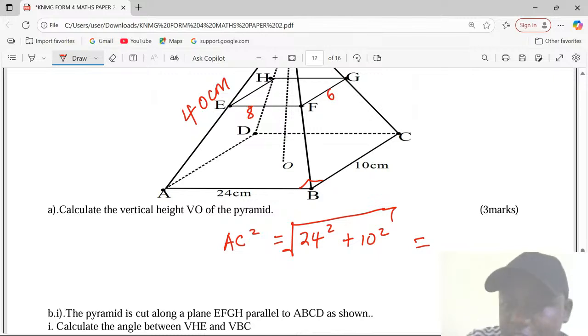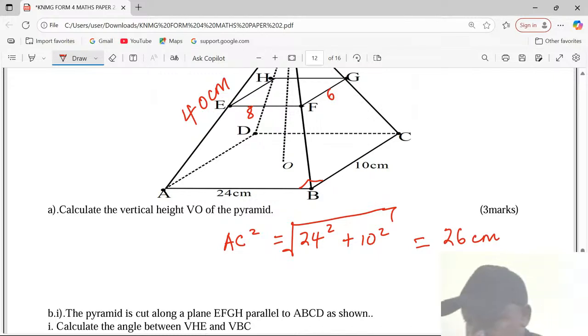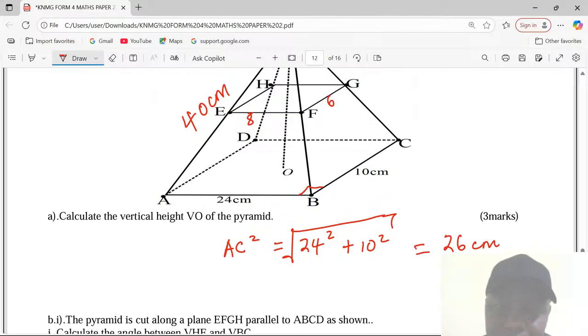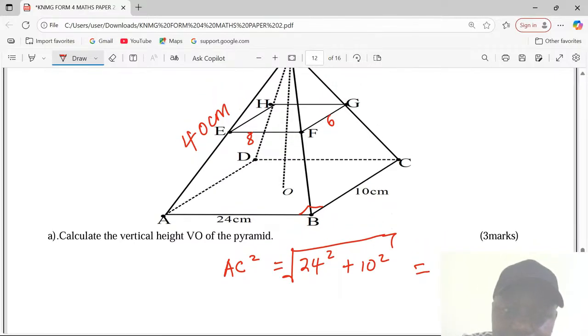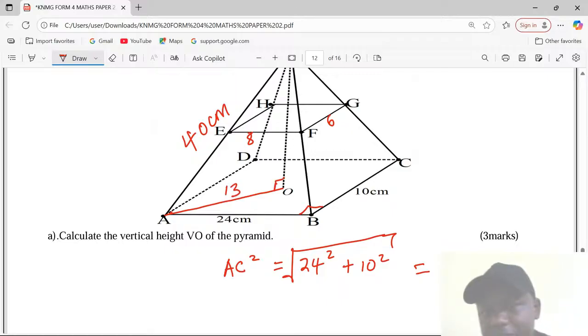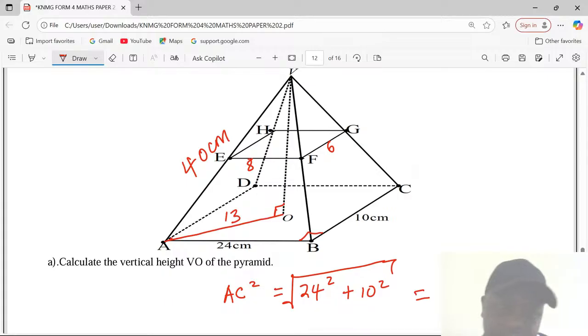This is exactly 26 centimeters. If the whole of AC is 26, then OA is going to be 13.